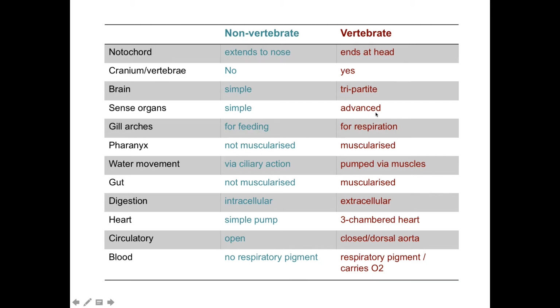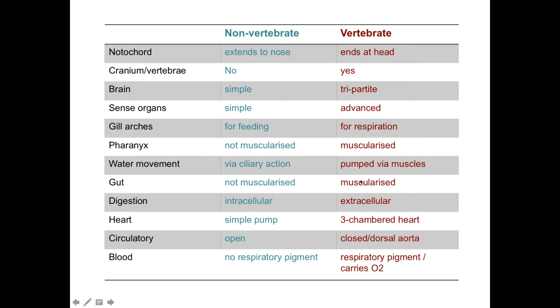Their sensory organs are more advanced. Their gill arches are used for gas exchange, for respiration, rather than for feeding. The pharynx has become muscularized, which enables them to suck water into their pharynx much more strongly, as opposed to the ciliary action in the pharynx of non-vertebrates. Water movement is via the muscularized pharynx rather than ciliary action.